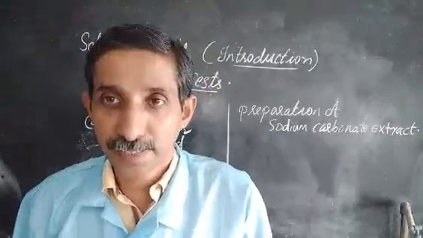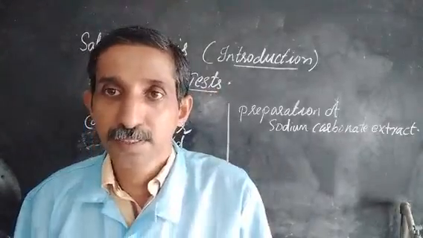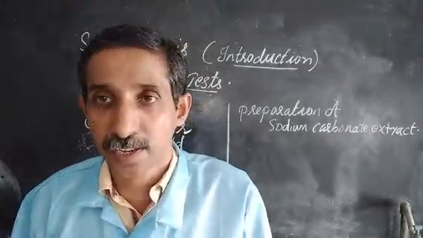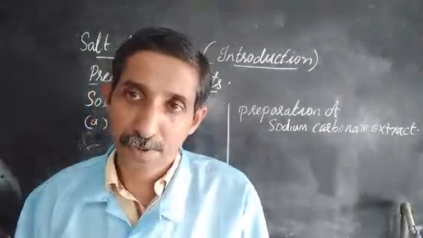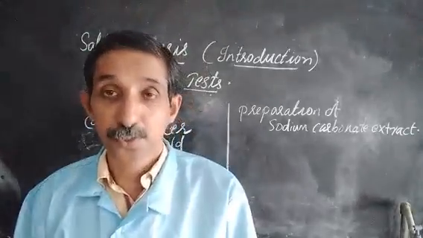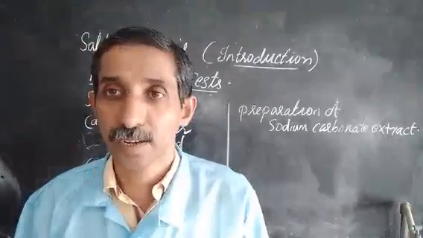Except carbonate, the confirmatory tests of all the other anions are done with sodium carbonate extract. So preparation of sodium carbonate extract is of great importance, and that is to be done as soon as you get the salt after checking its color and appearance.